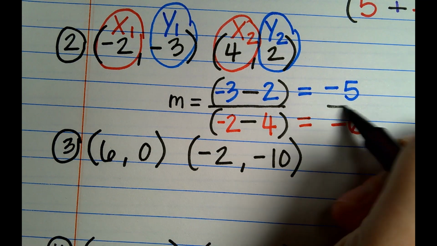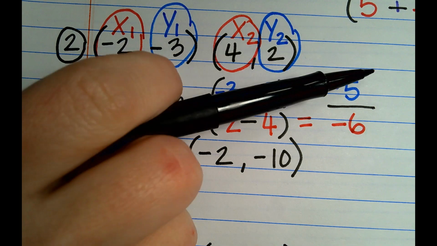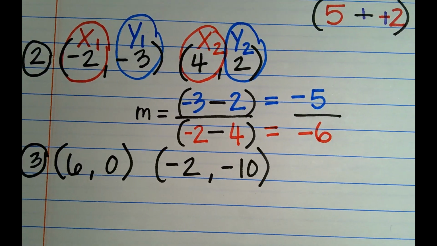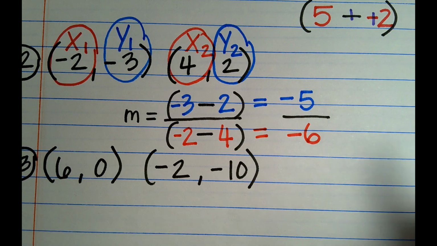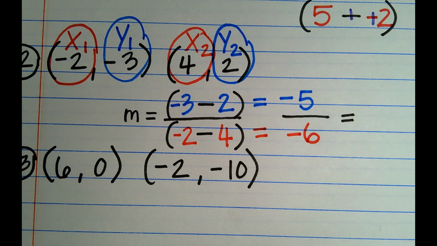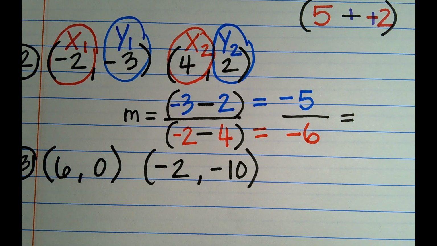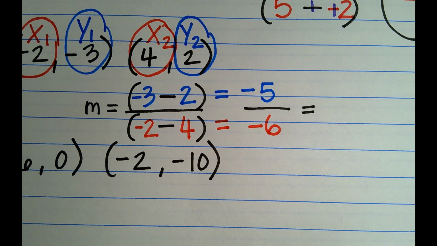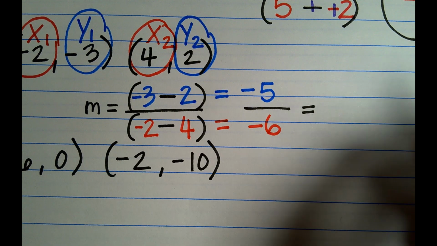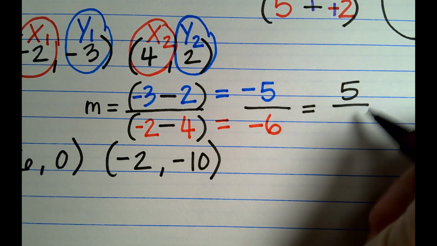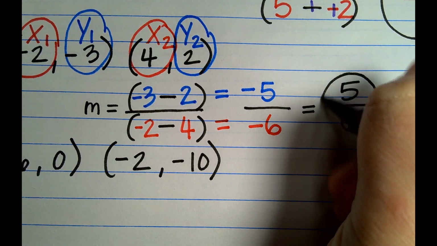And so my slope, I have a -5 over a -6. Are we done? We're actually not. There's one more thing that we do have to do. When you get a negative over a negative, it becomes a positive. So the slope is actually 5 over 6.